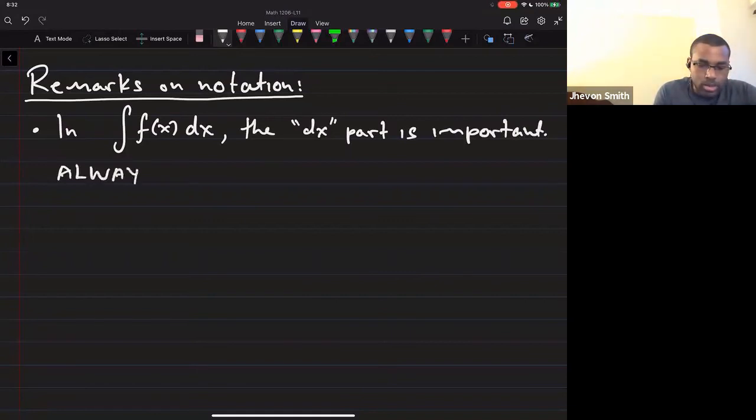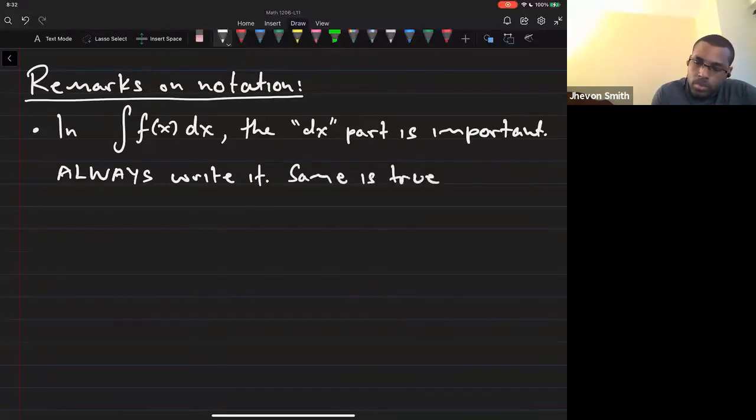Always write it. Same is true if you have a definite integral, a to b of f of x dx. Okay, so it's important. You should write it down.